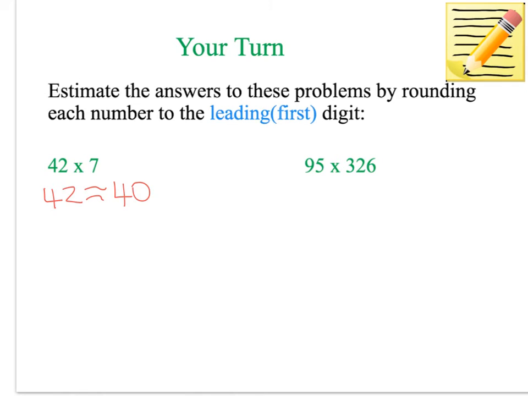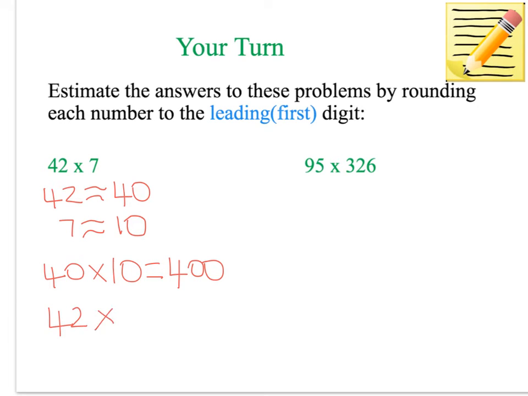And then the 7 is approximately equal, obviously you round it up to 10. Then we multiply them together. So 40 times 10, and we use what we know from our previous work, so it's just 4, 2 zeros. So 42 times 7 is approximately equal to 400.